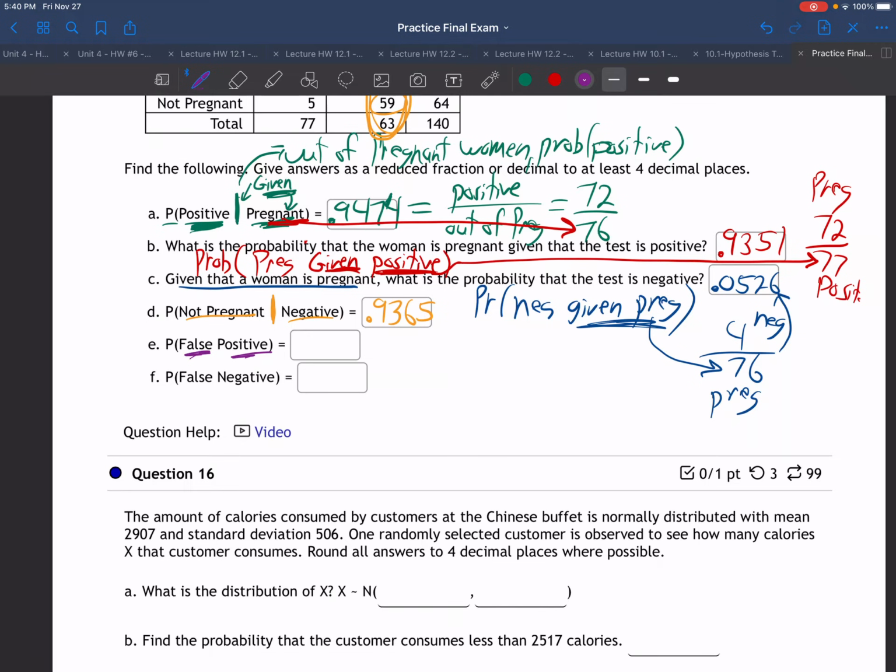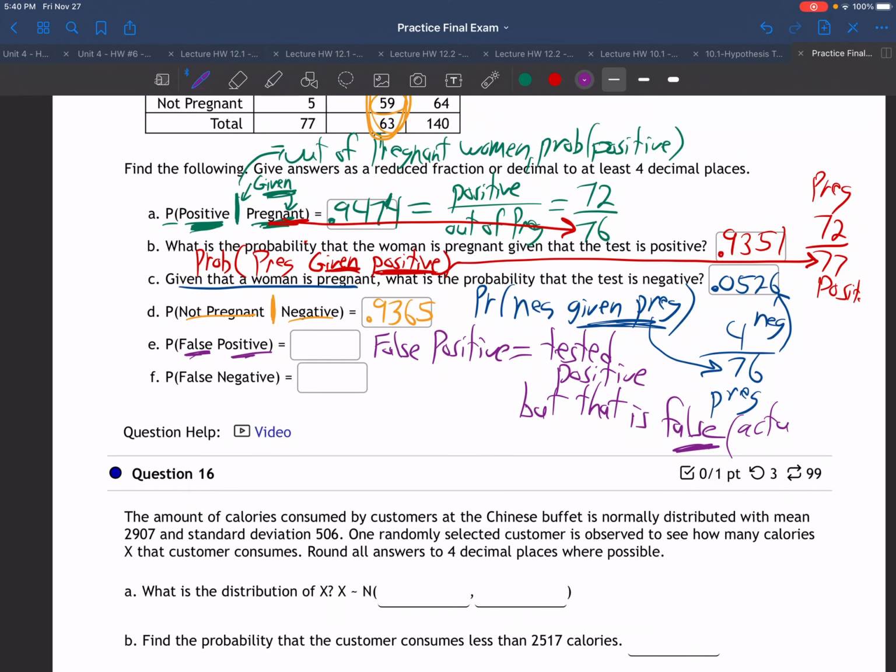So the false positive equals tested positive, but that is false, meaning they're actually not pregnant.